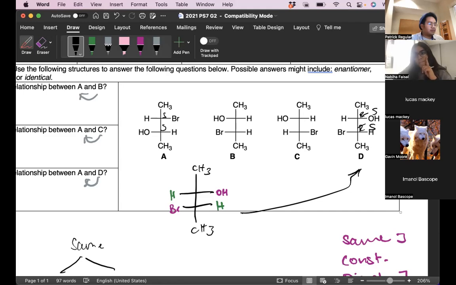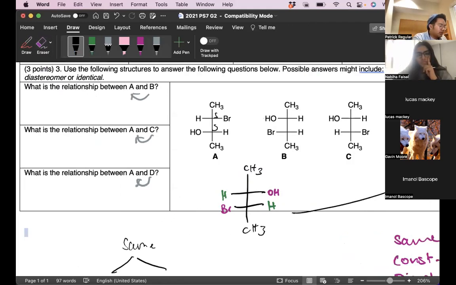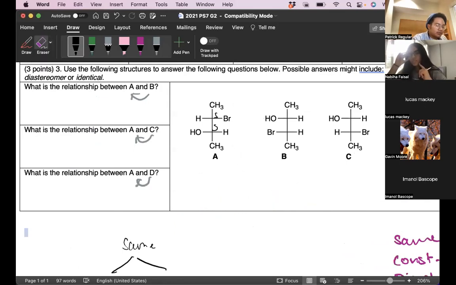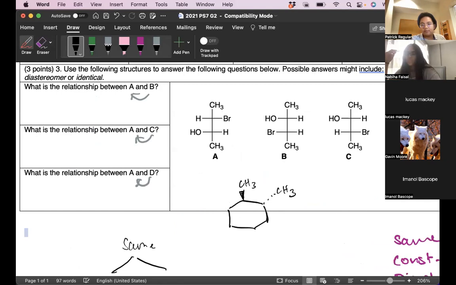Same thing with not even Fisher structures. This is stuff I'll talk about tomorrow as well. But if you have just a normal compound, this is what I was talking about when we were talking about question 1. For the chair conformations, I just like drawing it out like this. Like this is what that axial position would be. You know, they're on different planes.